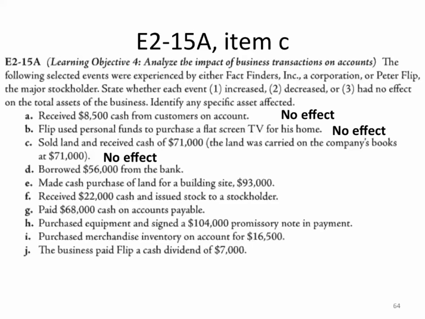Okay, D: borrowed $56,000 from the bank. What's one account impacted by that transaction? Assets. Okay, which account is that? Cash. Yeah. So we got $56,000 from the bank. What's the other side of that transaction?